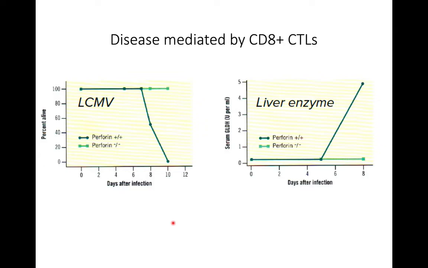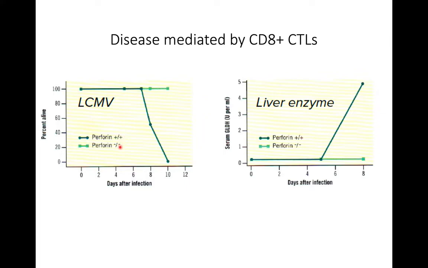So first, to kind of diagram out how these CD8 T cells are involved in disease, we're looking at this case at LCMV, which is lymphocytic choriomeningitis virus. It's a mouse virus, so we're looking at the percent of mice that survive an LCMV infection when they either produce perforin or cannot produce perforin.